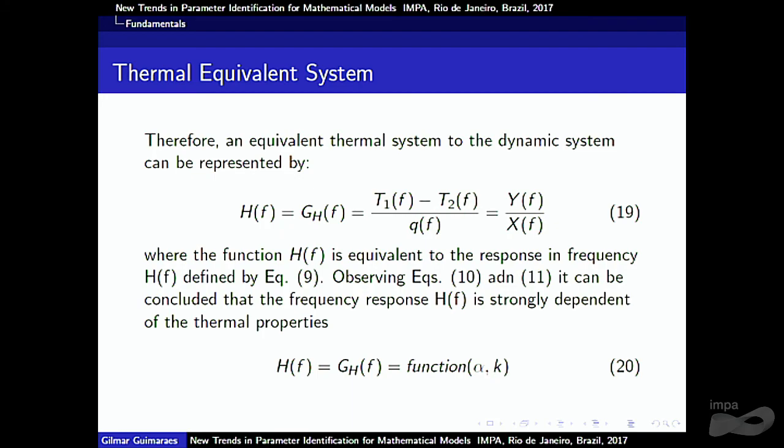Well, we know that the Green's function is strongly dependent on the thermal properties because the Green's function is, in fact, the solution of the thermal problem.